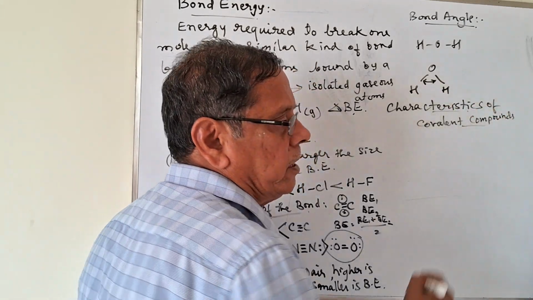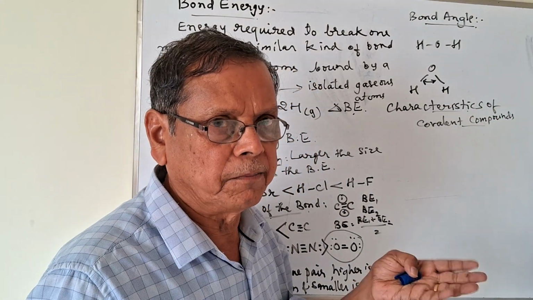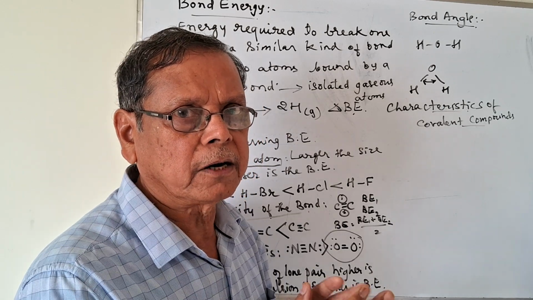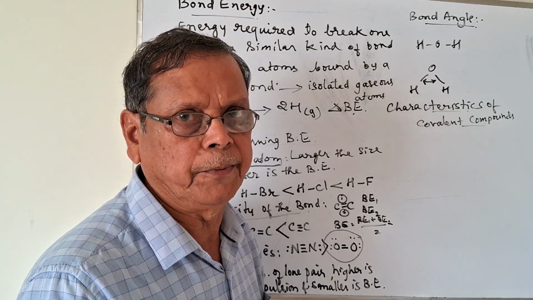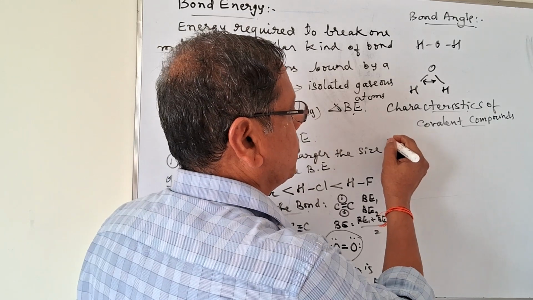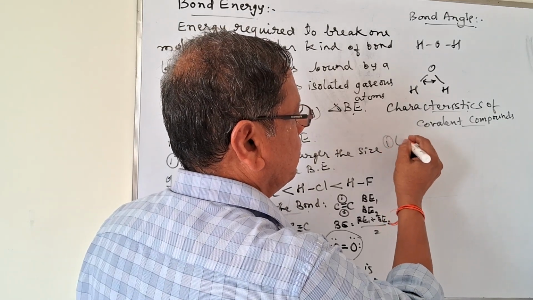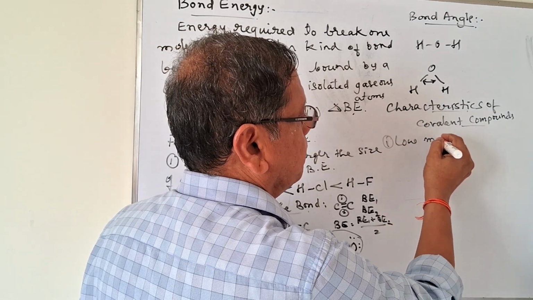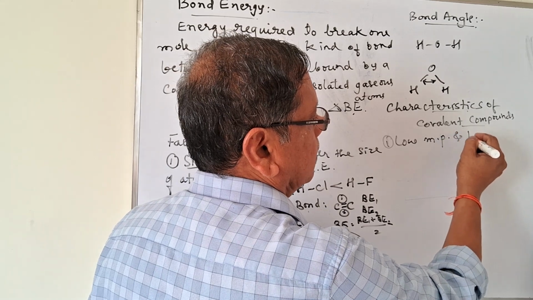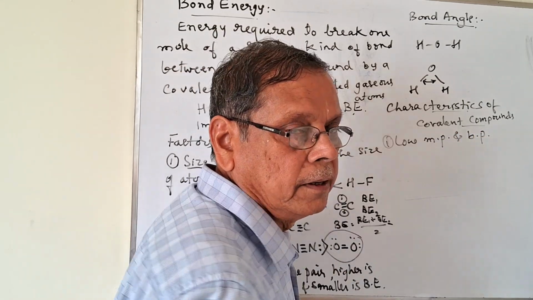Since ionic bond is a stronger bond as compared to covalent bond, ionic compounds have got high melting and boiling points, but covalent compounds have got low melting point and boiling point.